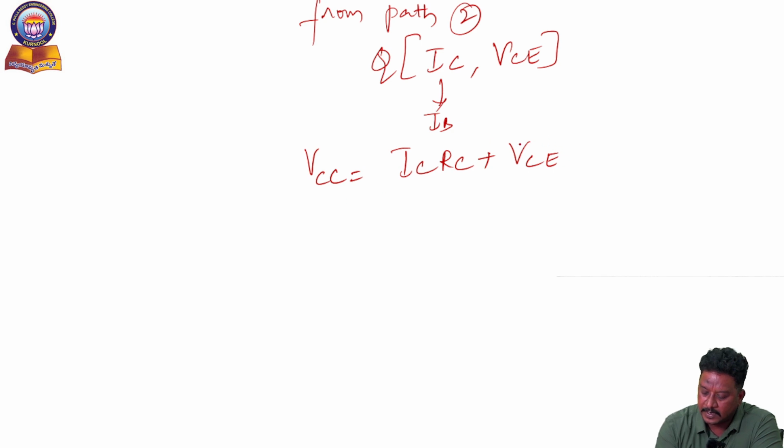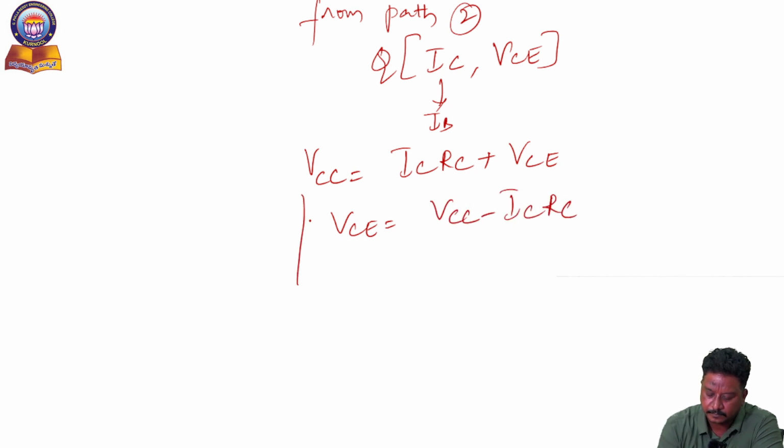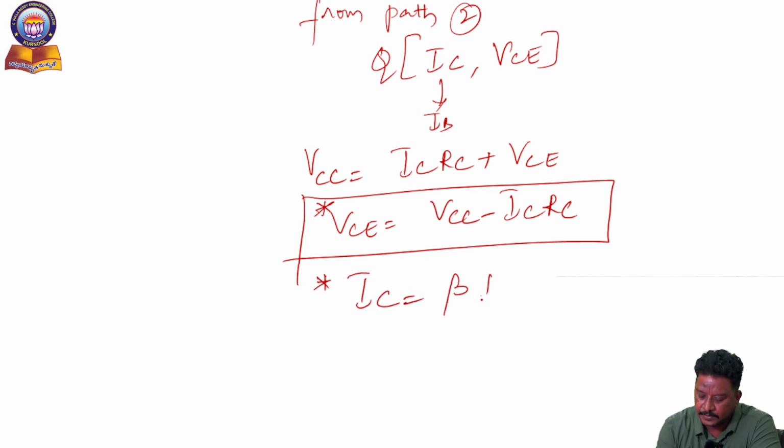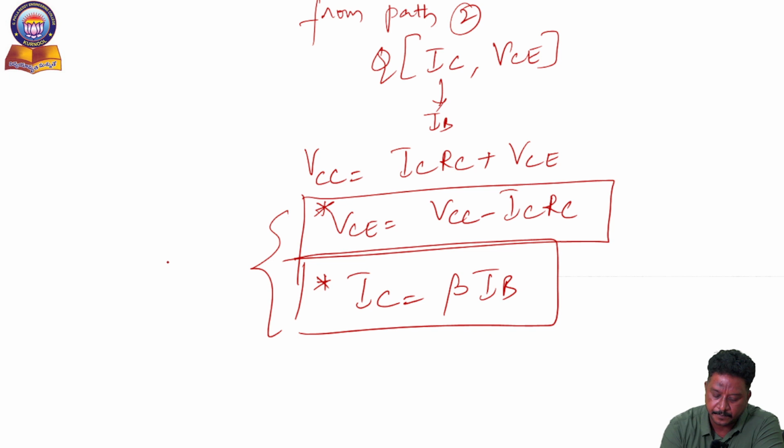I want to find out the VCE. VCE is equal to VCC minus ICRC. So this is one more point I located. The other point IC is beta into IB. So these two are required to locate the operating point.